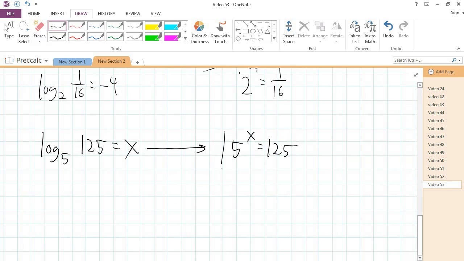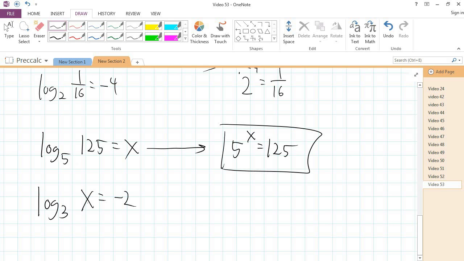Maybe writing it this way can help me figure out what x is. I can start to solve for different parts of a logarithmic equation if I convert this logarithm into an exponential, equals x. Okay? So converting logs to exponentials can help us solve them.